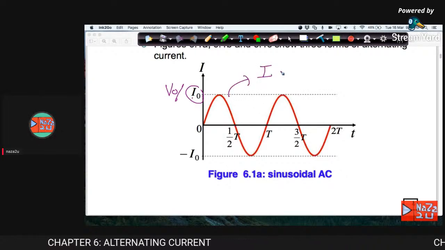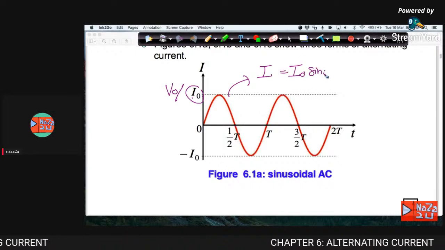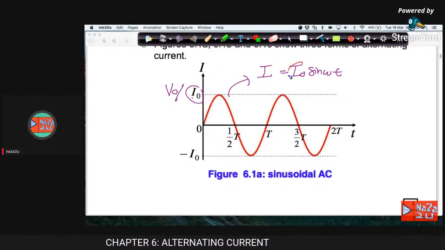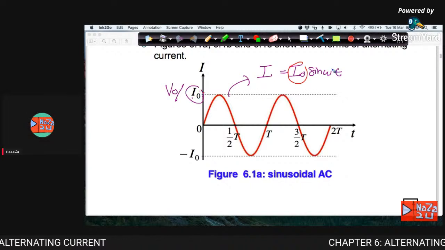Jadi kalau kita buat persamaan dia adalah graph ini I is equal to I naught sin omega t. Right, so I naught is value sini lah, I naught berapa ampere.